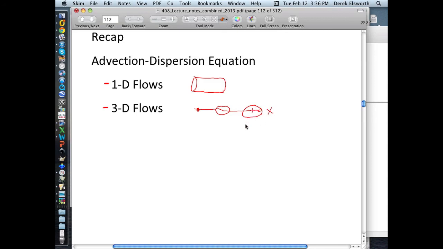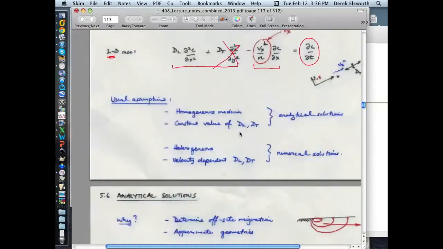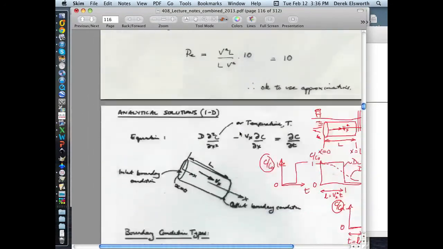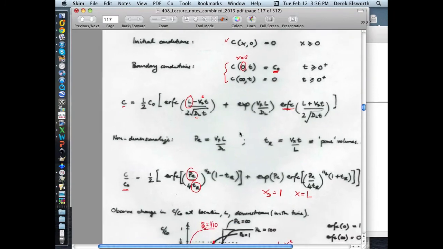So relatively simple expressions. You don't need to know how to solve the differential equations, but need to know how to be able to use the solutions once we have them. And so we can just use these expressions directly. And you'll get some chance to use that.